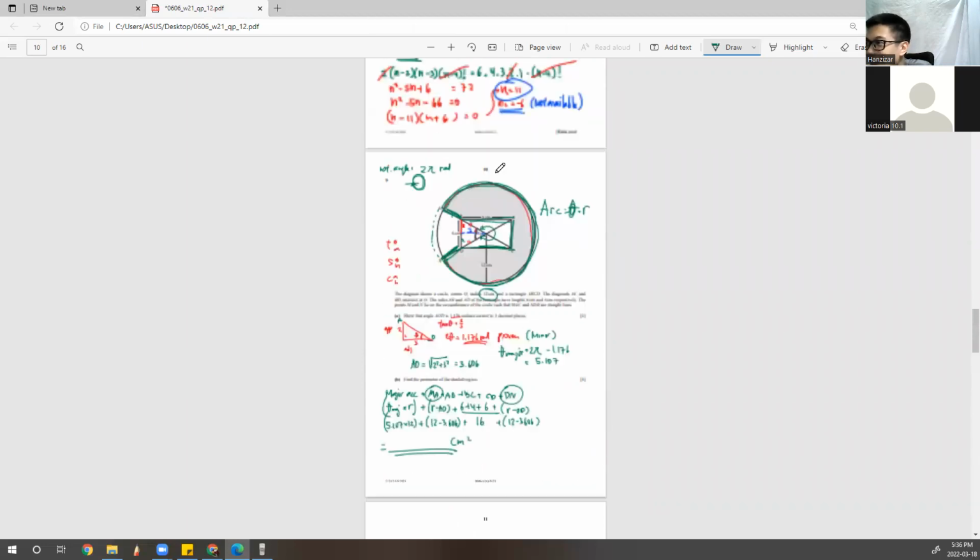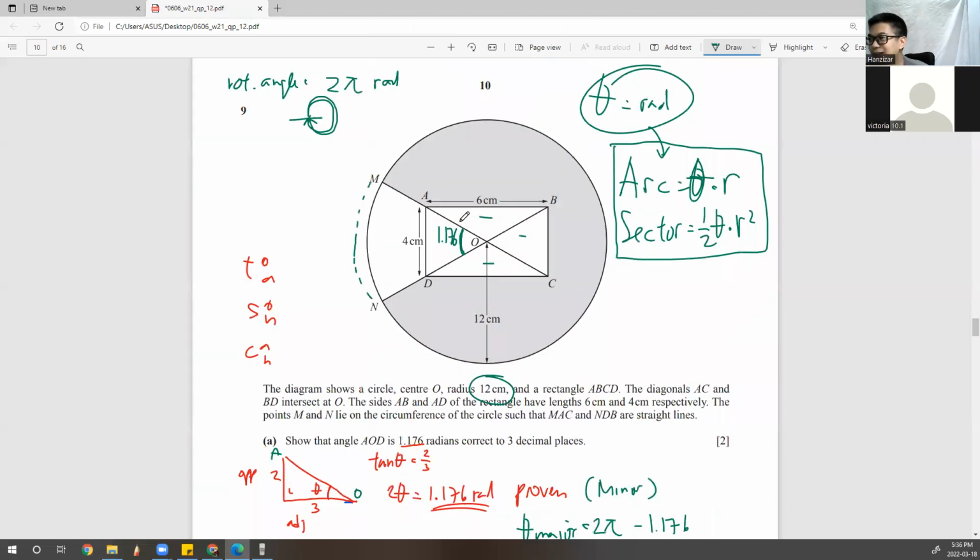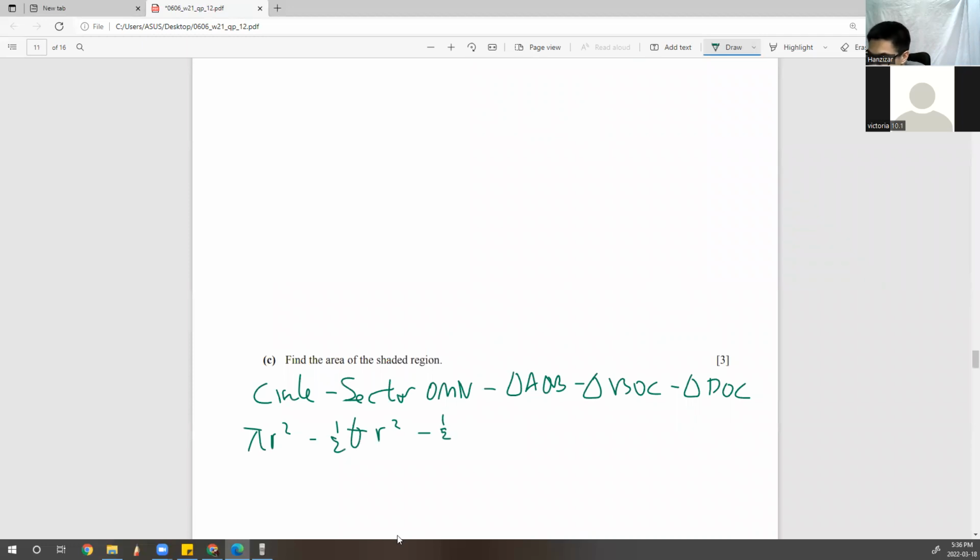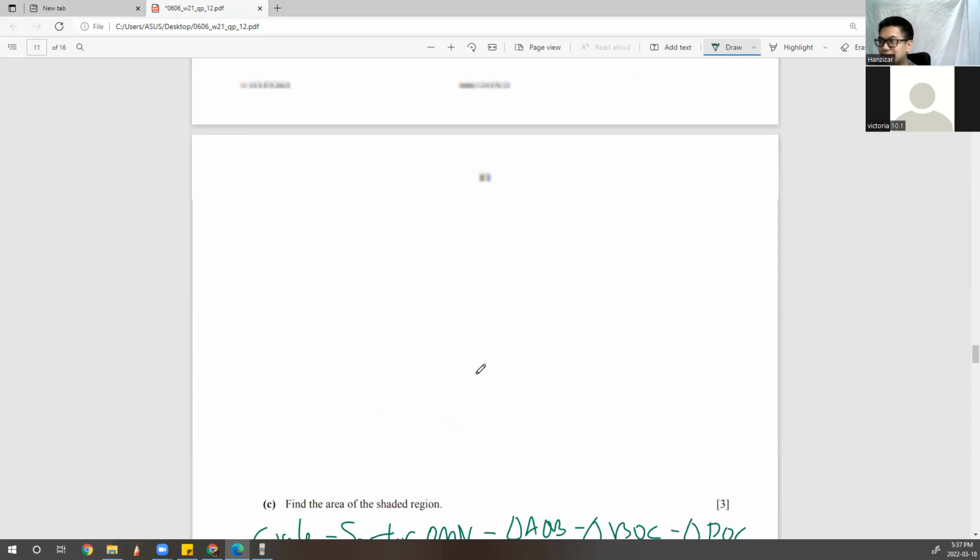minus triangle AOB. AOB is here. Okay, base times height over 2, right? Half times base times height, minus half times base times height, the other base and height, and minus half times base times height as well. So write down the formula: pi 12 square minus half times theta, 1.176.